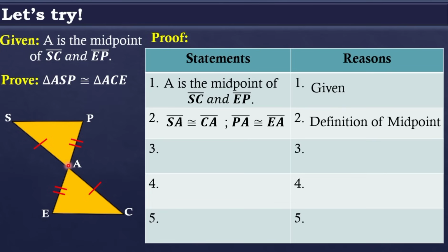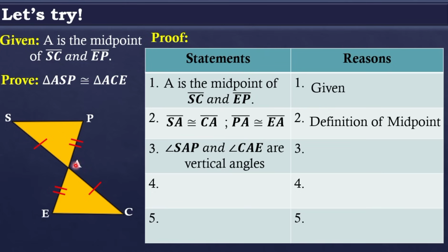Okay? So, parang yan ang mark. So, kapag may midpoint, binigay si midpoint, hinahati niya yan. Kasi siya yung pinakagitna. Next. So, from here, we already have two sides of the triangles that are congruent. So, meron tayong given na vertical angles. So, pwede natin gamitin yon.